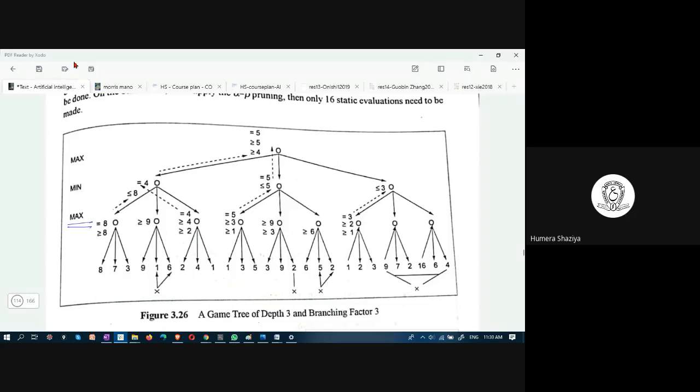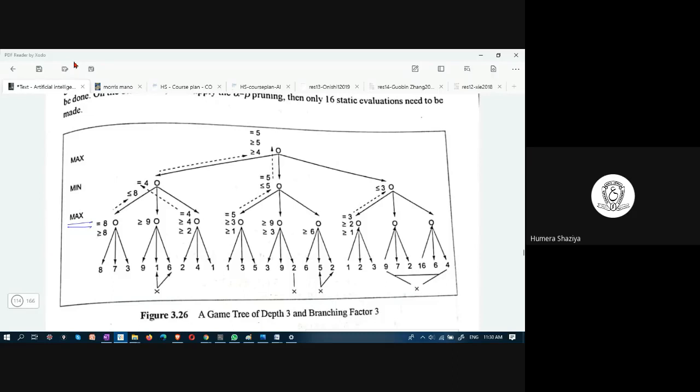Max chooses the lower bound. It is chosen 8, and the bound is greater or equal to 8. It is chosen 8 because out of 8, 7, 3, 8 is the highest. This max has chosen this.